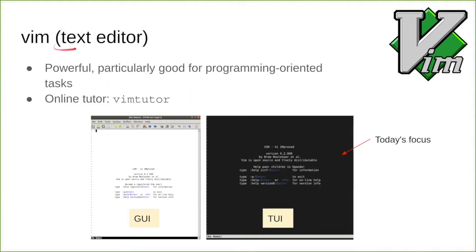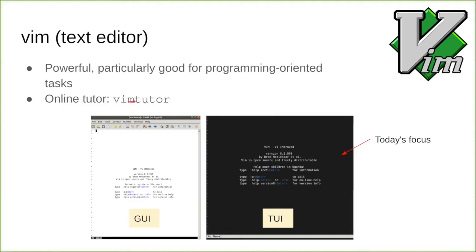So the Vim text editors, there are two versions, and there is actually a GUI version, but I'm going to talk about the text version, which just depends on keyboard operations. And if you are new to this, there is a program that comes with the Vim editor. It's called the Vim Tutor.